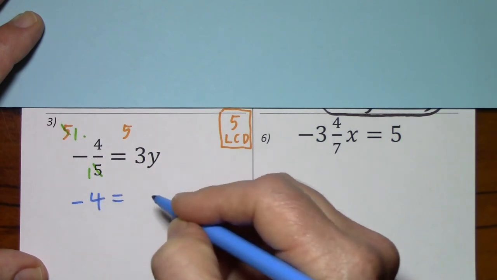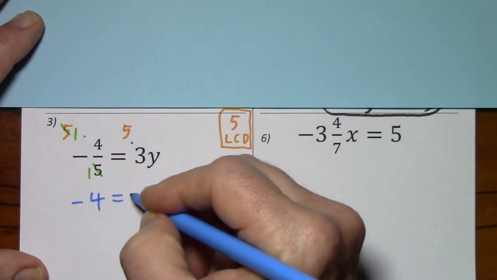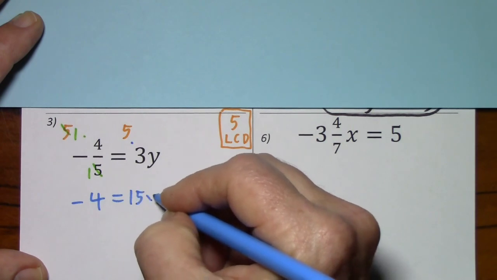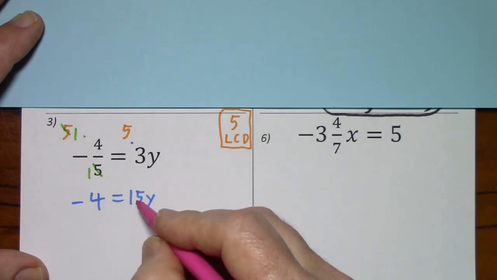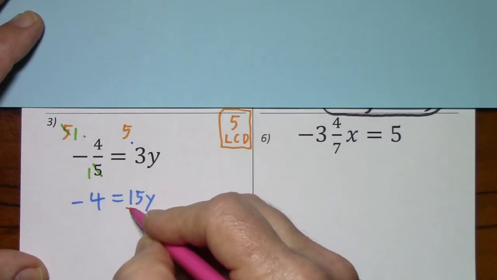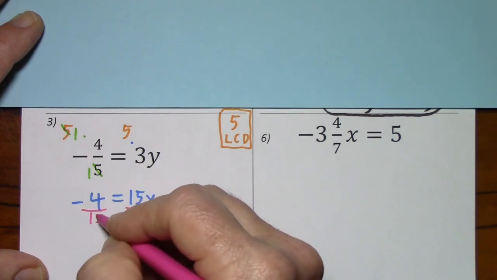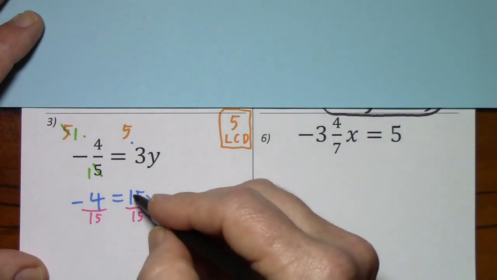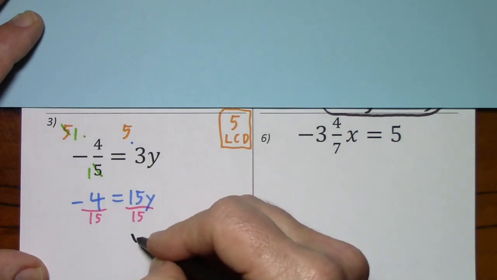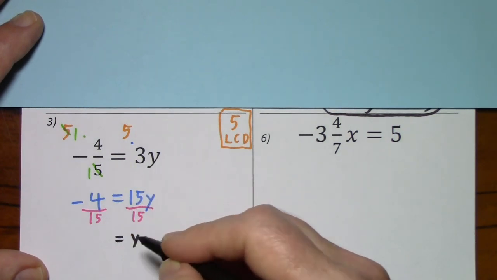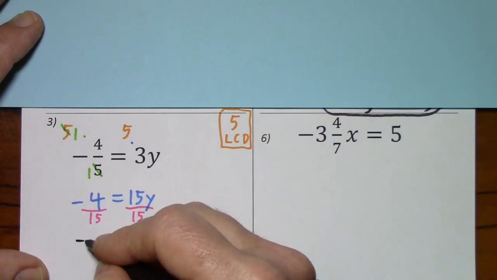Bring down your equals. 5 times 3 is 15y. You want to get rid of the 15. It's held by multiplication, so we divide by 15 on each side. 15 divided by 15 is 1. So y is equal to a negative 4/15.